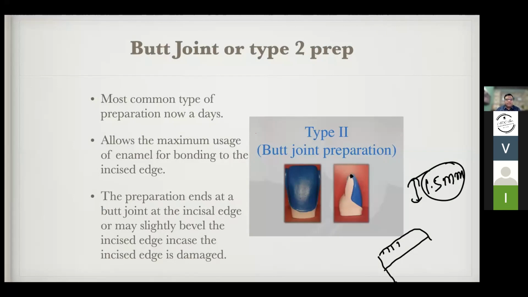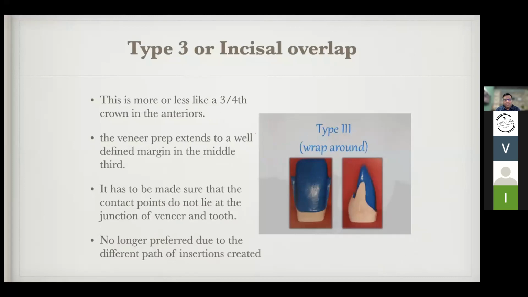And type 3 is an incisal overlap, which is no longer preferred. You would just prefer the first or the second. So second followed by the first. And finally, in some cases where you don't have any option, say you already have a veneer or an existing restoration that goes onto the palatal surface, then you have no options, but that's the last time you will go on to the incisal overlap.